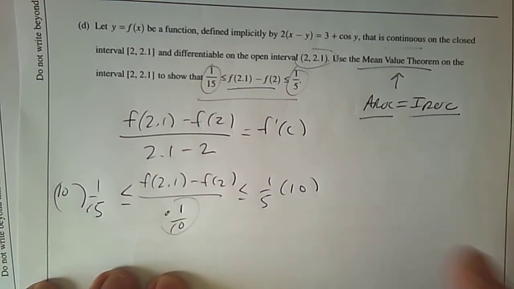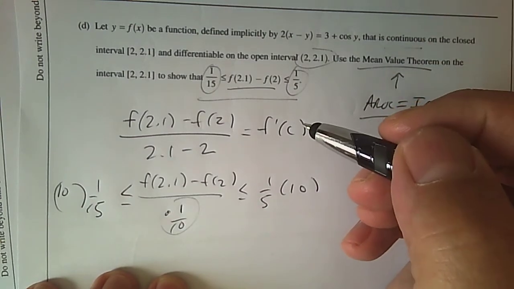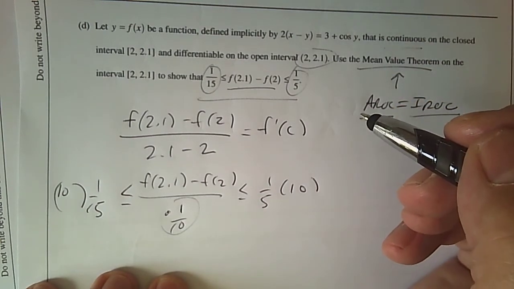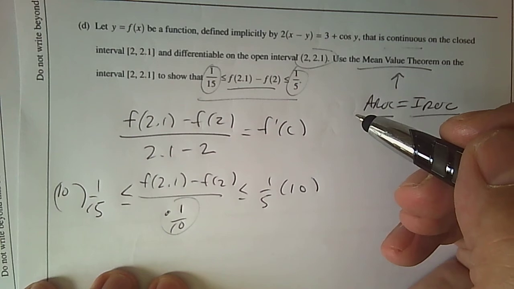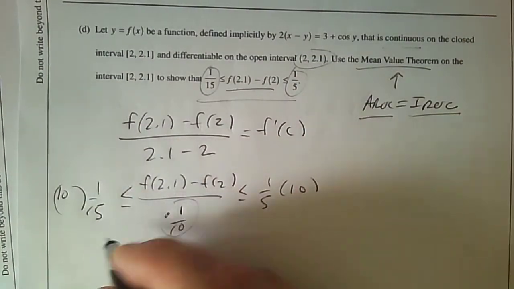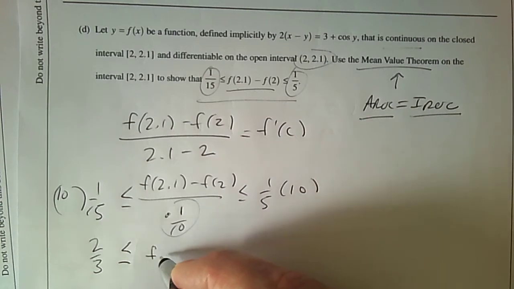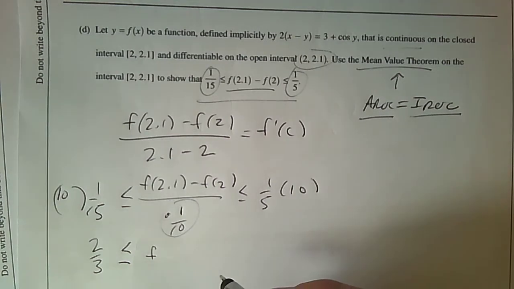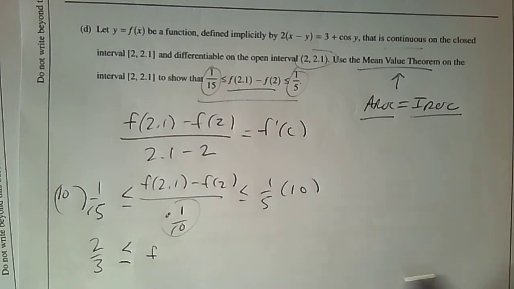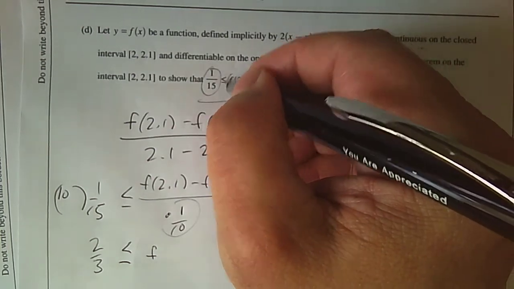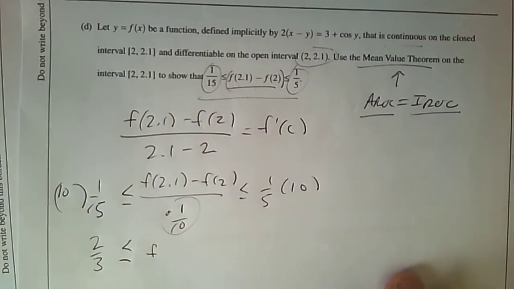So 10 over 15 is 2/3. So this is what we're doing.